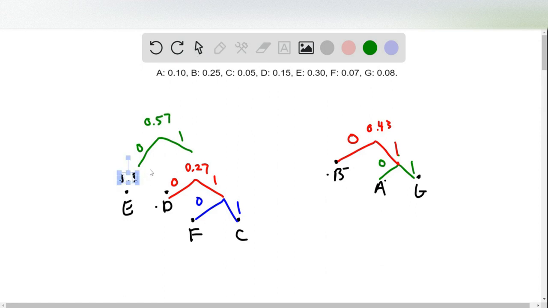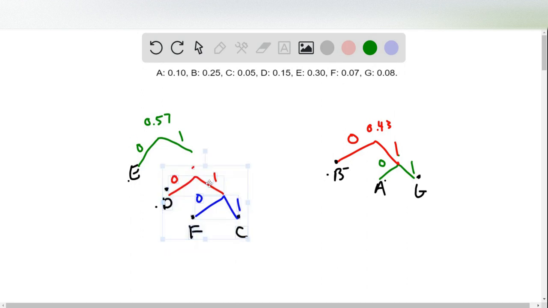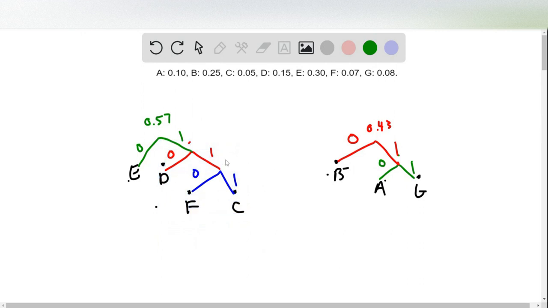So let's get rid of our old frequencies, and then we can scoot these trees up. All right, so we have this.